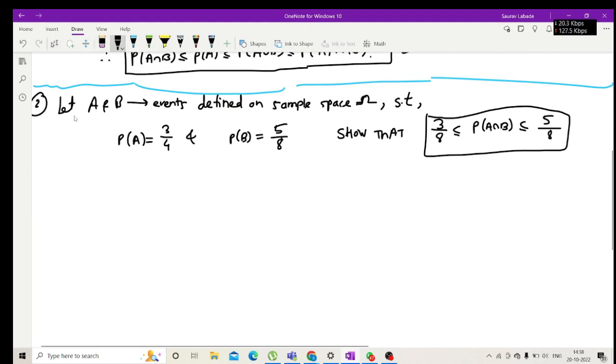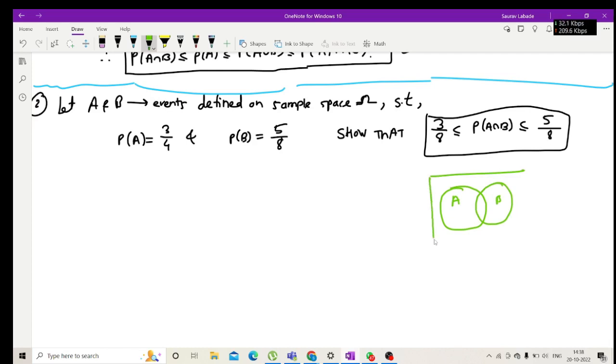Again, considering the Venn diagram, suppose I have two sets: A, this is one particular event, and the other event is B. Then this A intersection B will be a subset of B, right? Yes, I can write this. So what can I write?